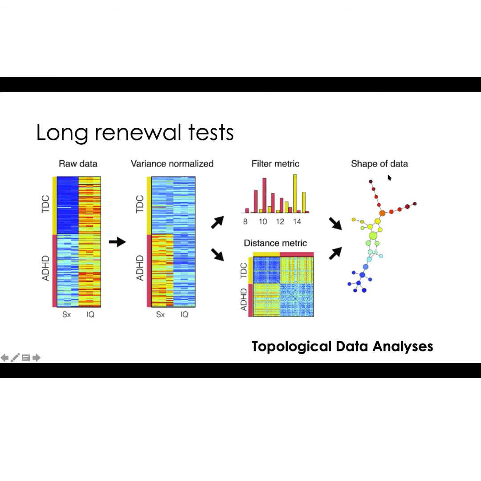So the shape of the network represents the variability of the characteristics of the objects in the data set.